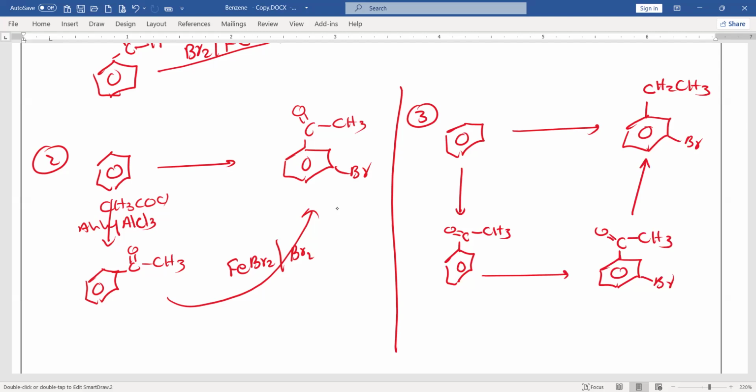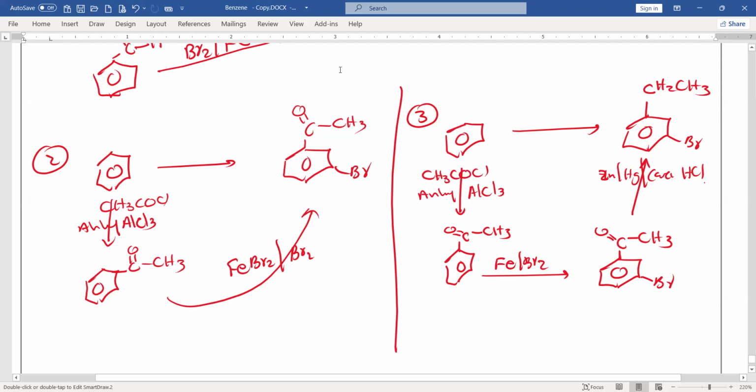So here to here, you can add CH3COCl, anhydrous AlCl3. Then you will add FeBr3. Then you can add Zn-Hg, conc HCl. Then you will get this product. The third one.